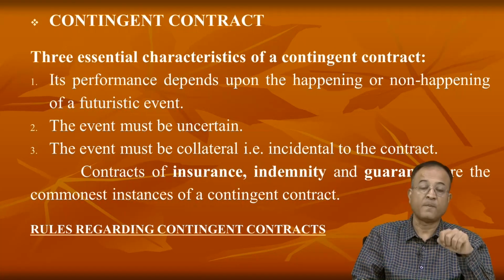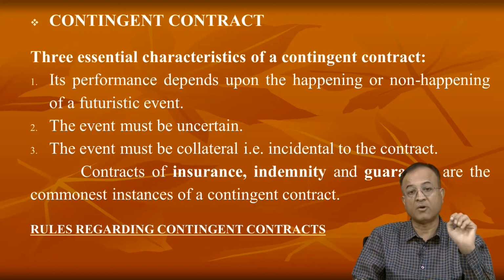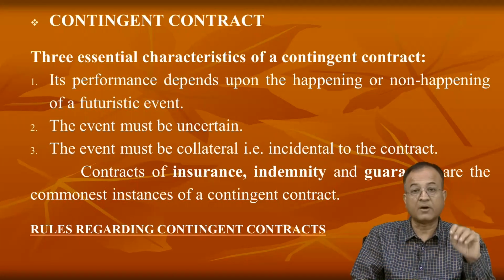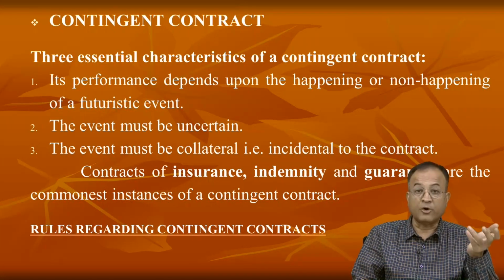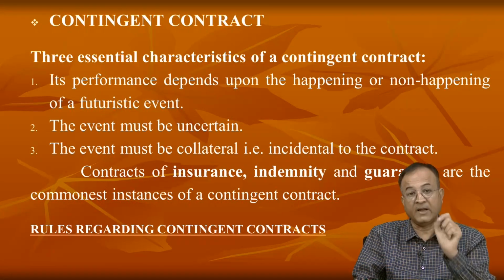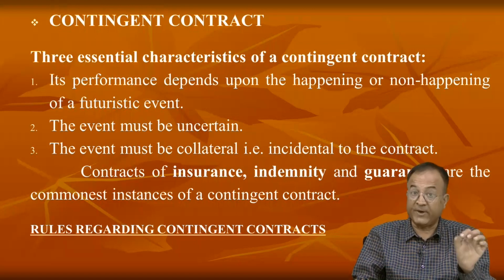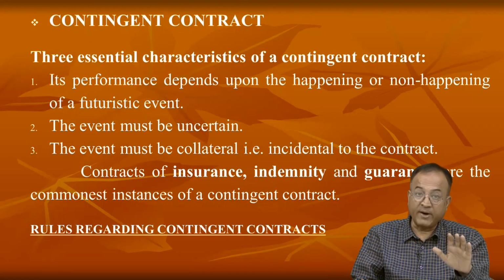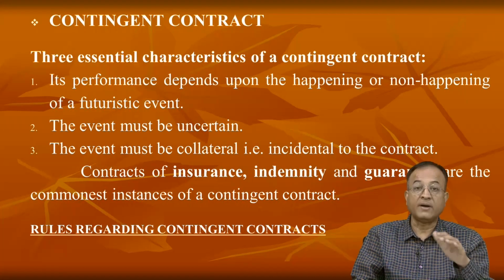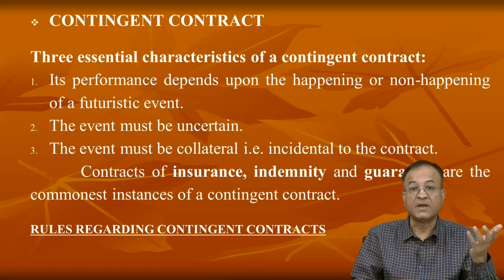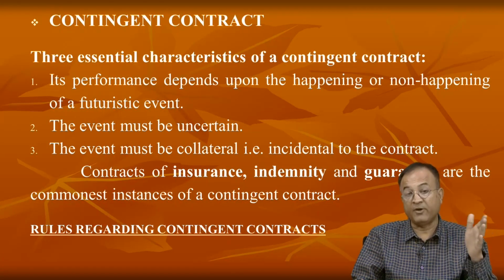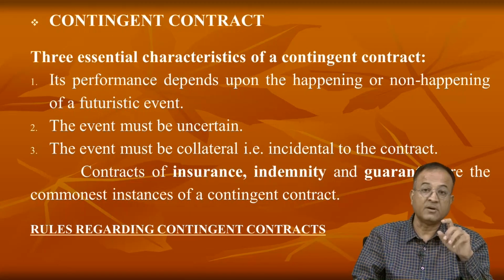Section 34. Now, fourth, a contingent contract to do or not to do anything if a specified uncertain event happens within a fixed time becomes void if the event does not happen or its happening becomes impossible before the expiry of that particular time. Section 35.